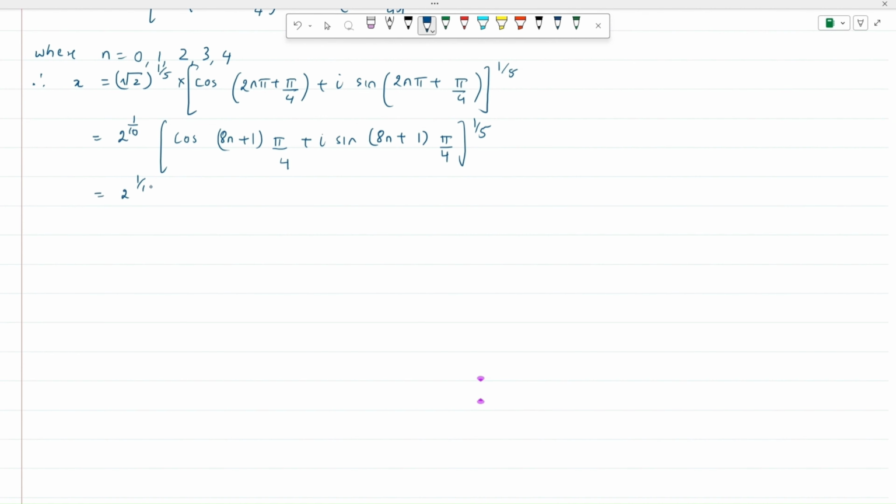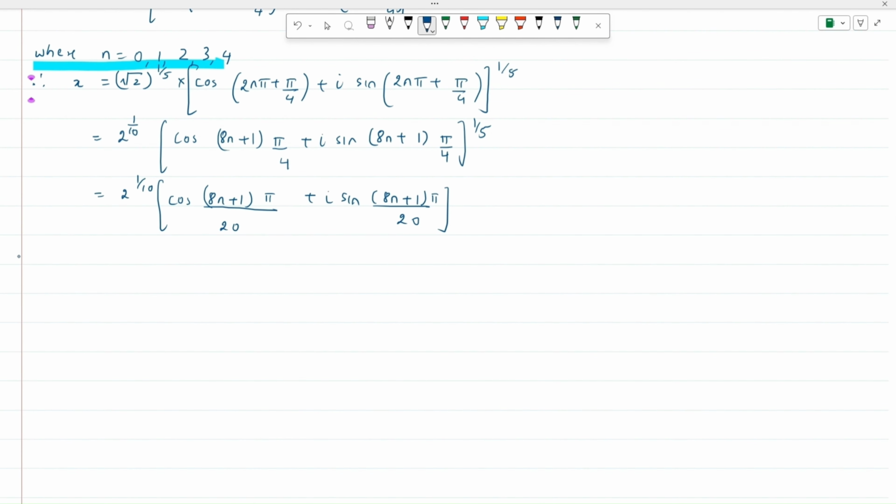So this is 2 raised to 1 by 10 cos of (8n plus 1) pi over 20 plus I times sine of (8n plus 1) pi over 20. Now recall the range of n. These values of n are going to give us the 5 roots.